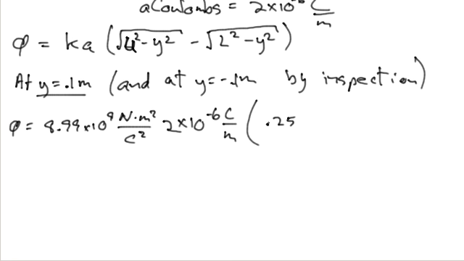So 0.25 upper limit, that's meters, yeah, squared minus 0.1 meter squared, square root.